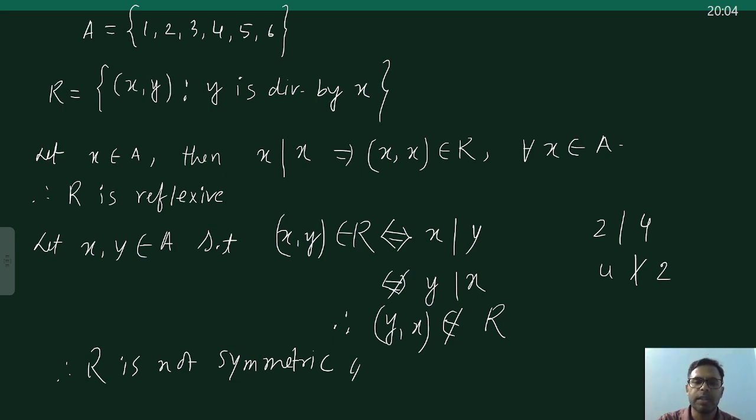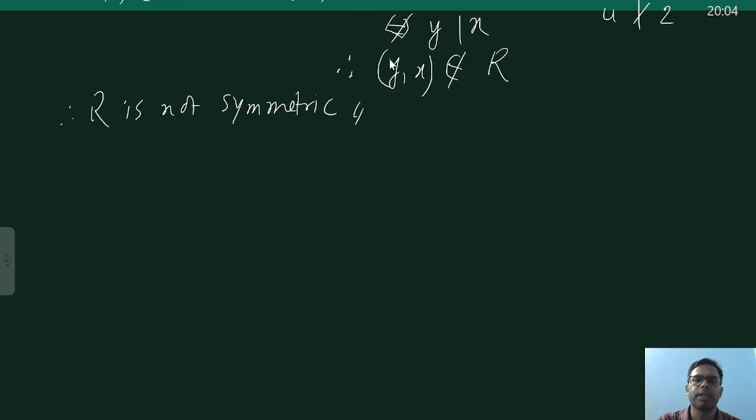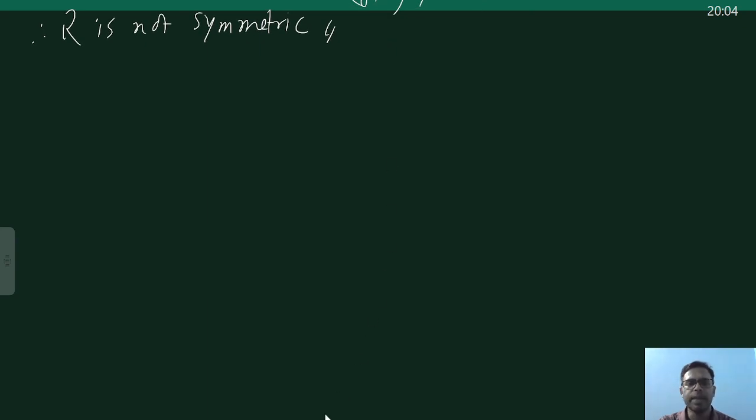Now for the transitive part, this time you need three elements. Say x, y and z.